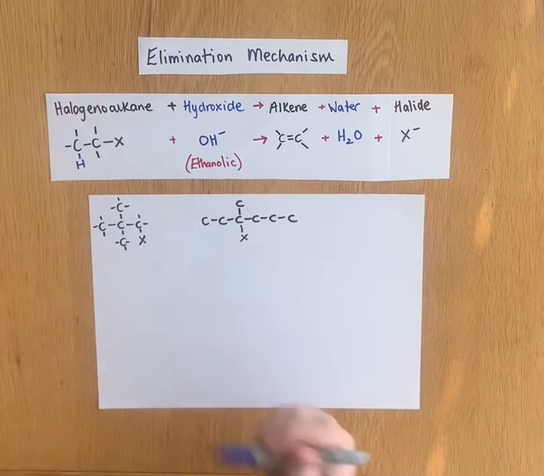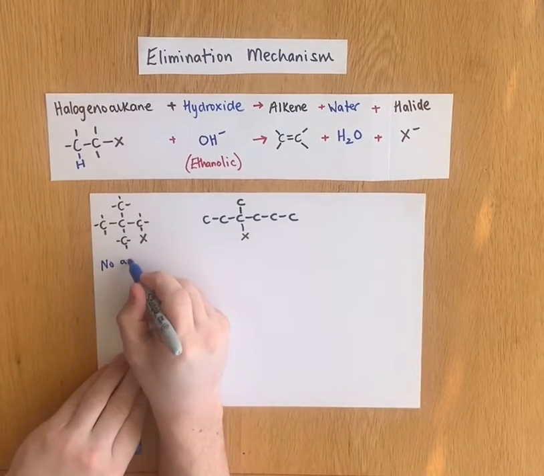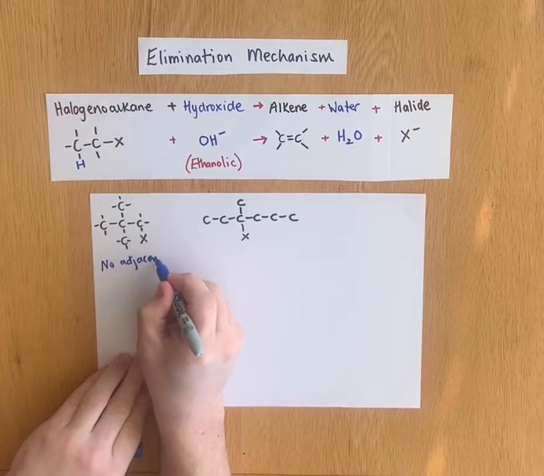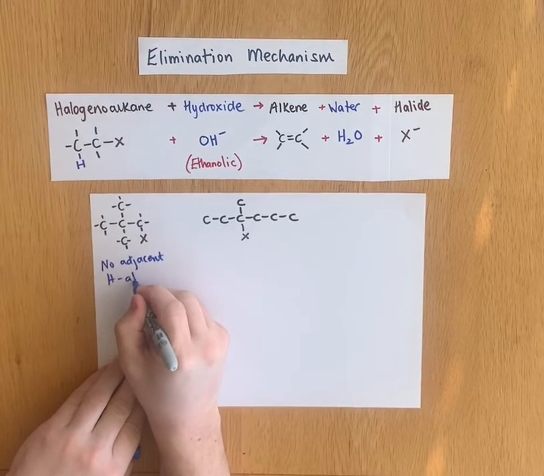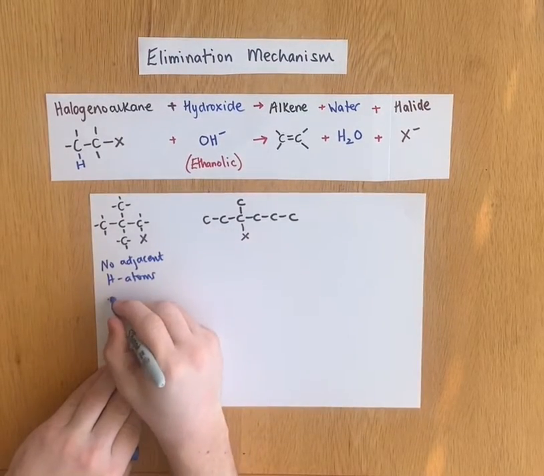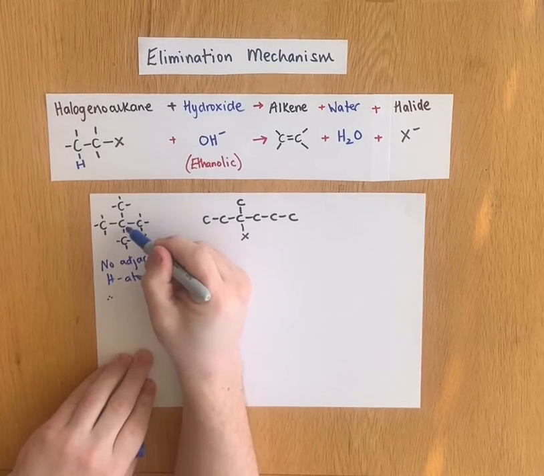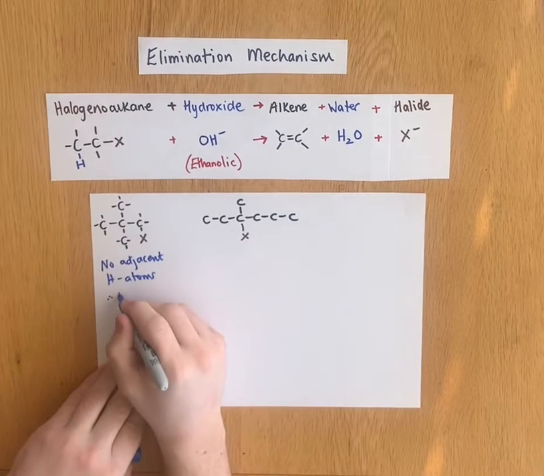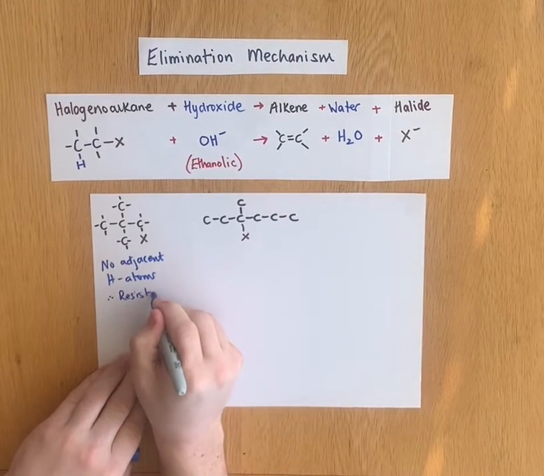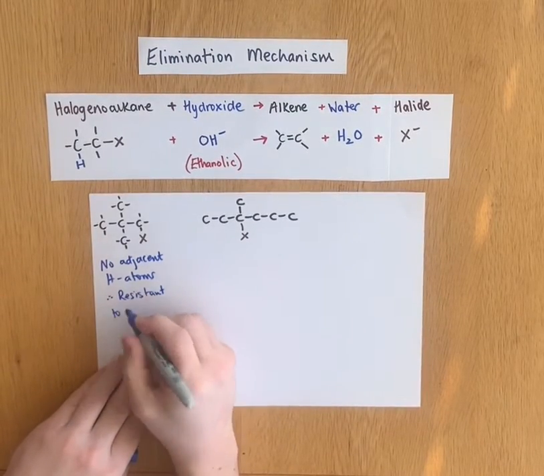Therefore, there are no adjacent hydrogen atoms. So this compound, because we have no hydrogens on the adjacent carbon, is resistant to elimination.